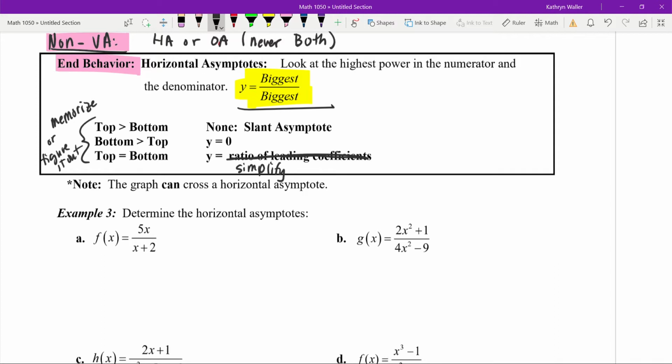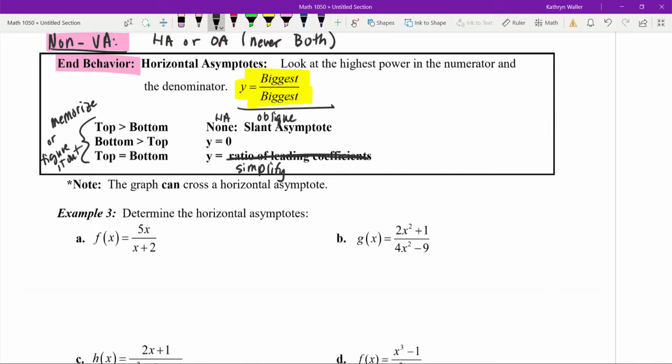If the bottom exponent is bigger than the top, then the horizontal asymptote, which is the non-vertical asymptote, is y equals 0. If the top exponent is bigger than the bottom, then the horizontal asymptote is none, and you have a slant. Slant and oblique are the same thing.